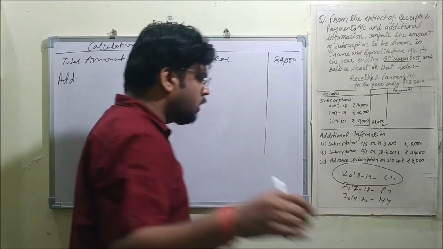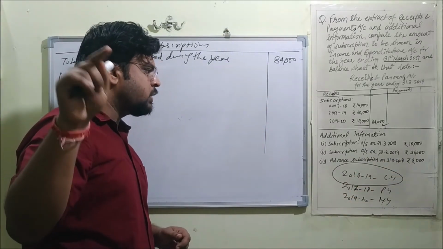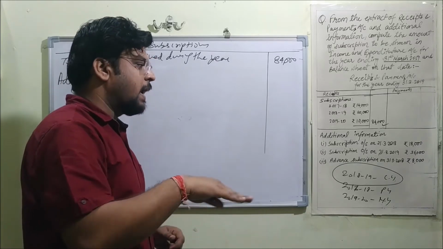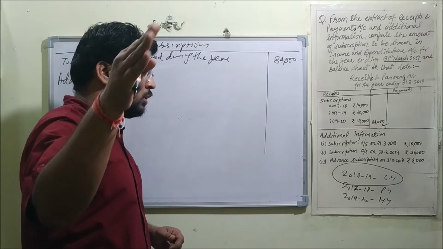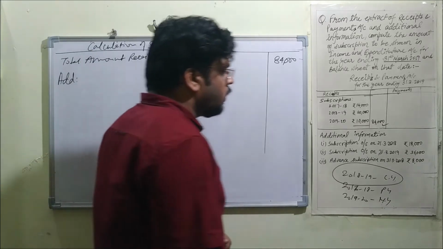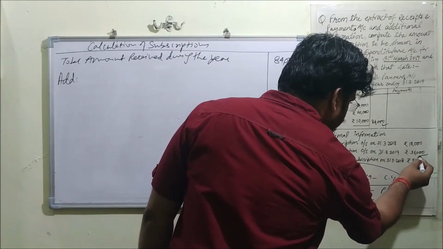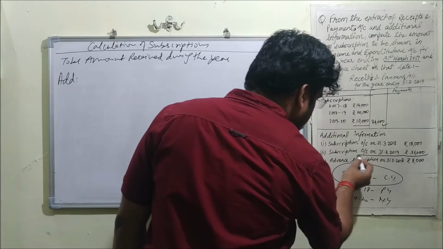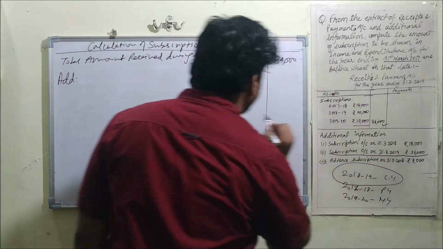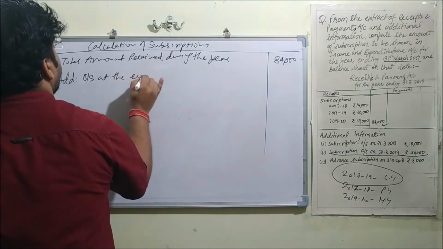So in my previous video, which was video number 5, I showed you the format of calculation, and otherwise you can go to the theoretical concept that I have explained in other videos. Here we are directly doing the question. So very first we'll pick this figure, subscription outstanding on this date, which means related to current year. We'll have to add that outstanding at the end.